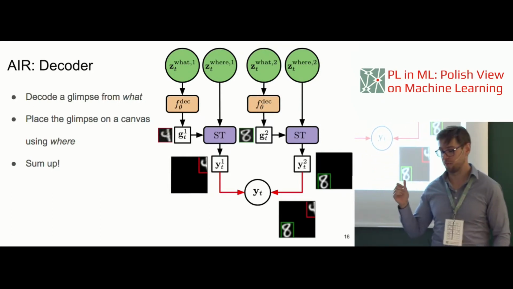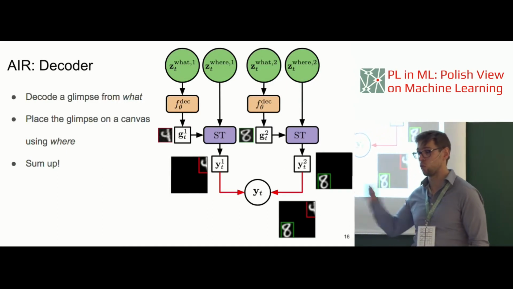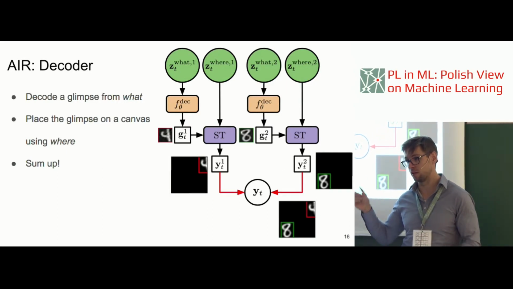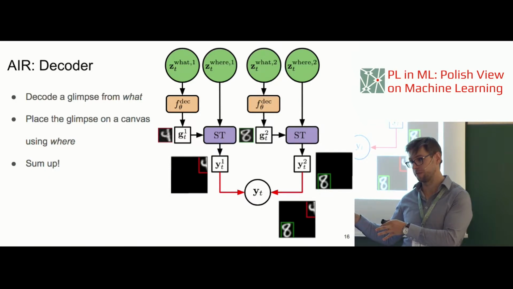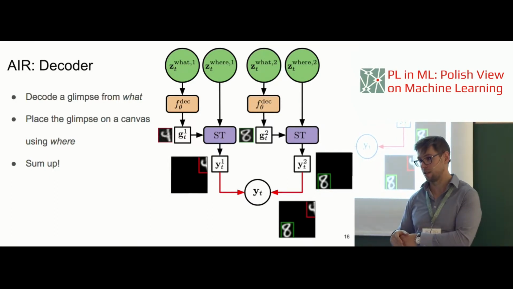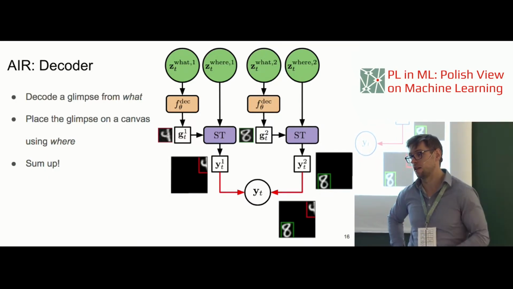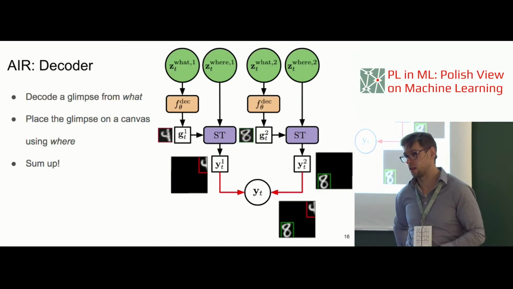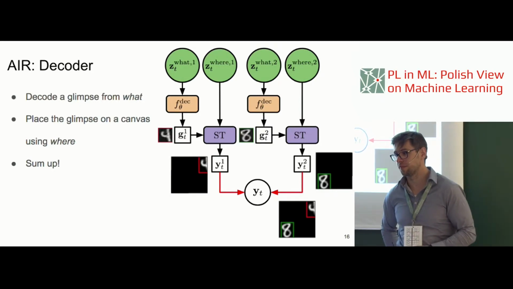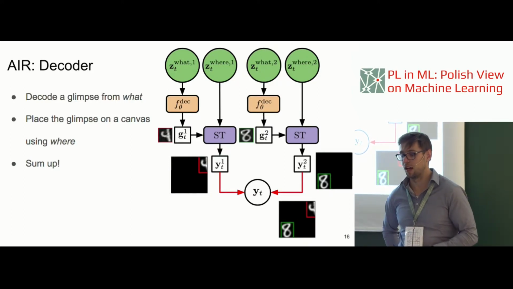Right, so ST is an affine transform, and the where variable is just the parameters of an affine transformation. Does that make sense? Yeah, just wondering, if z_t where is just Gaussian, how does it transform? Well, if you just plug it into an affine transform, or what?